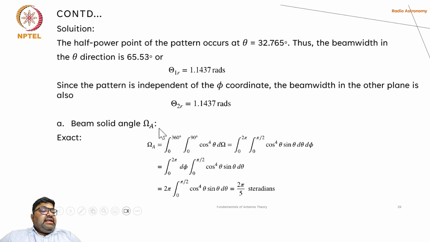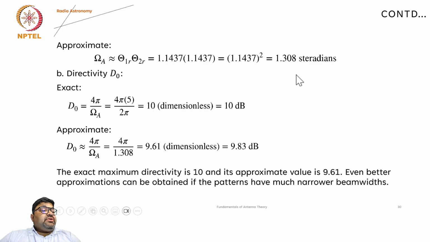So the beam solid angle omega A is given by the integral of cosine to the power 4 d omega, and that is 2 pi by 5 steradians. And the approximate one, by following this expression, omega A is equal to theta 1r times theta 2r, which is 1.308 steradians.